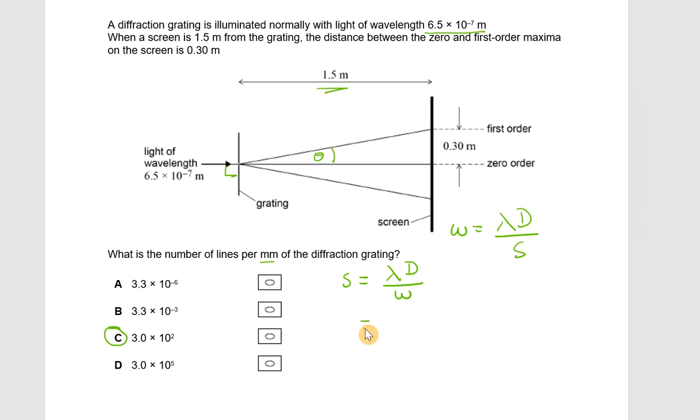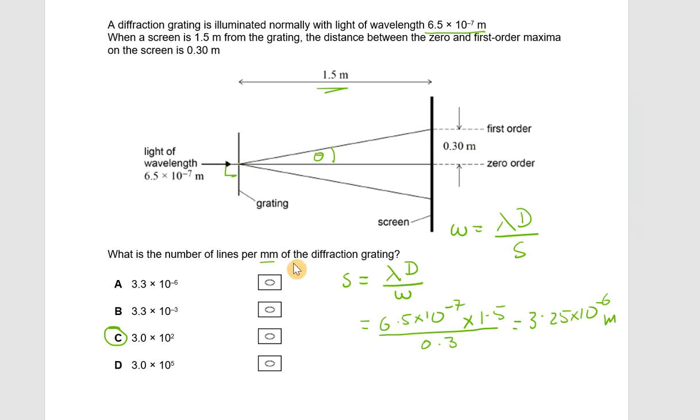Putting in the numbers: the wavelength is 6.5 times 10 to the minus 7 meters, the distance is 1.5 meters, and the distance between the maxima is 0.3 meters. Put those into your calculator and you get an answer of 3.25 times 10 to the minus 6 meters. That's the spacing between each of those slits.